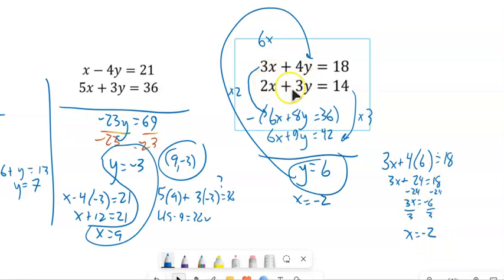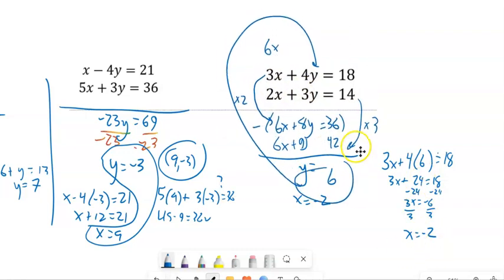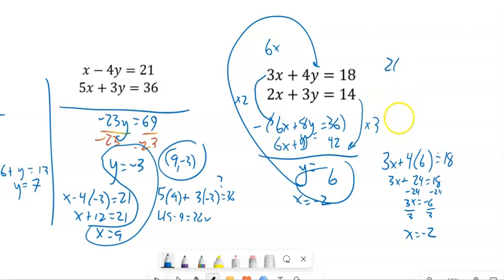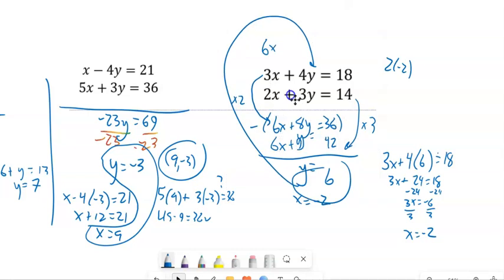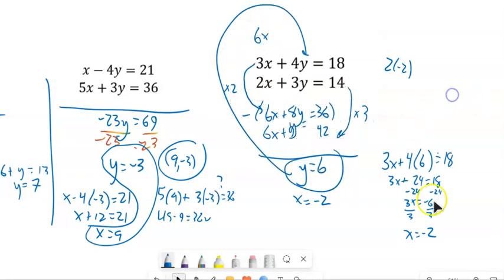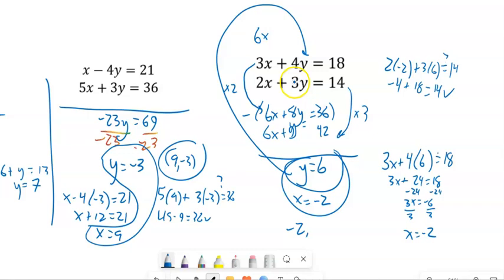Let me plug them both into this second equation to make sure it works. 2 times negative 2, x is negative 2, when y was 6. Does that in fact equal 14? Negative 4 plus 18 does equal 14. So these do work. I could write that as the ordered pair (negative 2, 6).